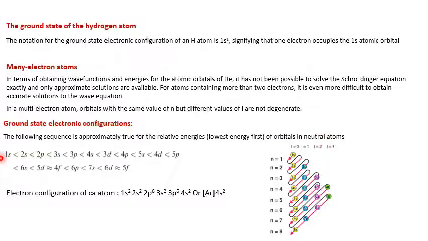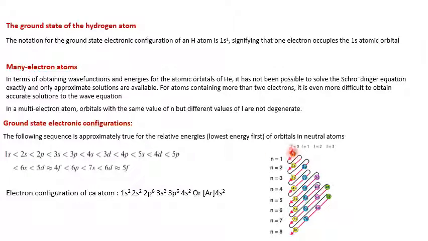So you can see that first you put the electron in 1s, then 2s. When 1s is filled, the electron goes to 2s, then 2p. When 2p is filled, the electron goes to 3s, 3p. Then you will not go to 3d. First it will come to 4s, then 3d, 4p, 5s in this sequence only.